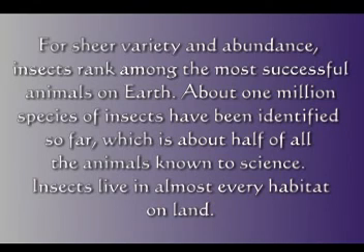For sheer variety and abundance, insects rank among the most successful animals on Earth. About 1 million species of insects have been identified so far, which is about half of all the animals known to science. Insects live in almost every habitat on land.